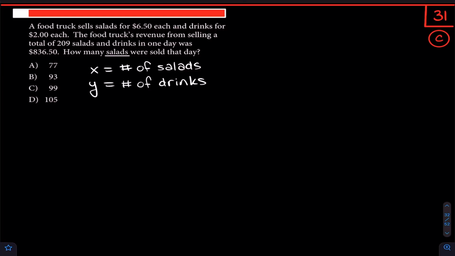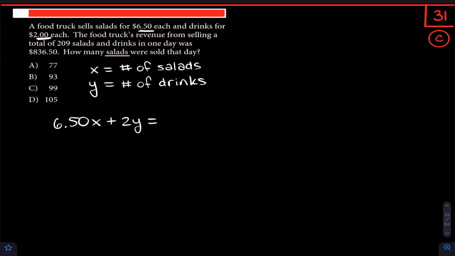Now that we have that, we can start organizing the information that it gave us in this problem. First, a food truck sells a salad for $6.50 each and drinks for $2 each. So we know that $6.50 for every salad, 6.50x, plus $2 for every drink, which you can write with the decimal points and all that, or you could just write it as 2y. That's how I'm going to write it because I think it clears things up a little bit.